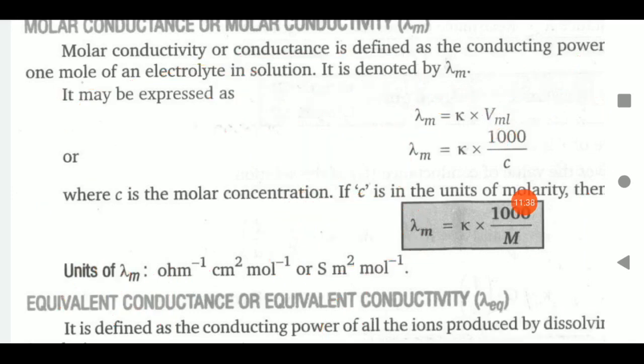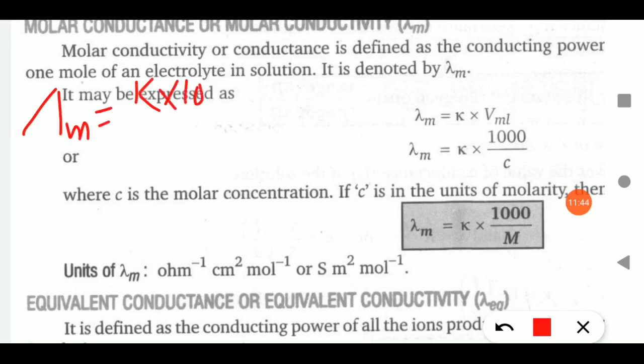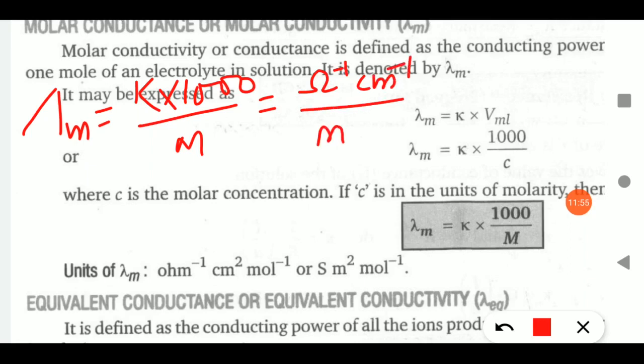So lambda m is kappa into 1000 upon molarity. There is no derivation of this formula, you have to remember it directly. Kappa is ohm inverse centimeter inverse upon molarity, mole per liter.